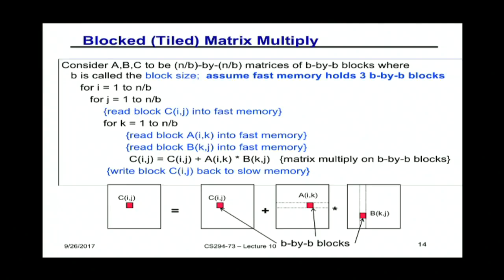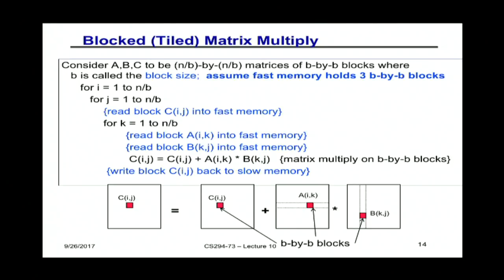Okay, so the first technique in this lecture, the important technique, is blocking. Instead of doing one element at a time, each of my blocks is a block of size b by b, let's say. That's different from before. The loop is the same, but the difference is at the inner loop.